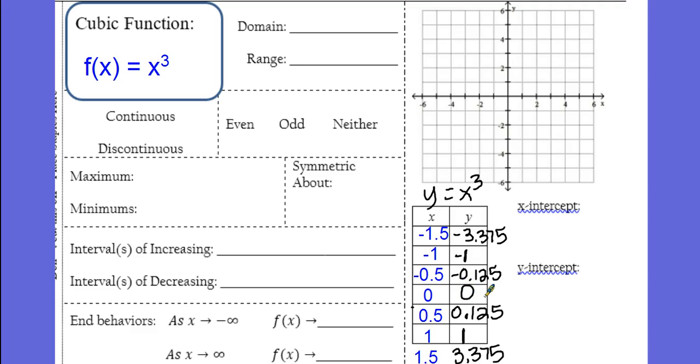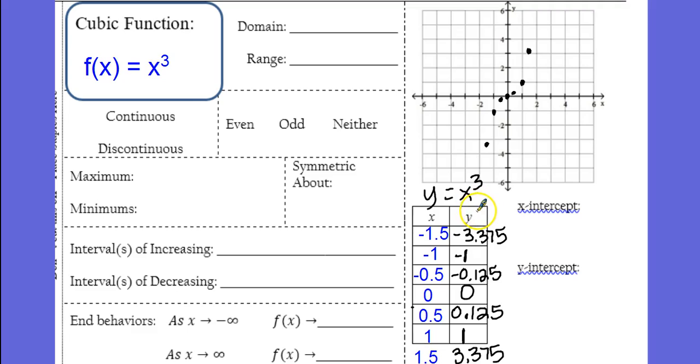Let's go graph those points. So negative 1.5, negative 3.375. Negative 1, negative 1. Negative half, negative barely below the line, right? 0, 0. And then everything starts turning and going the other way.